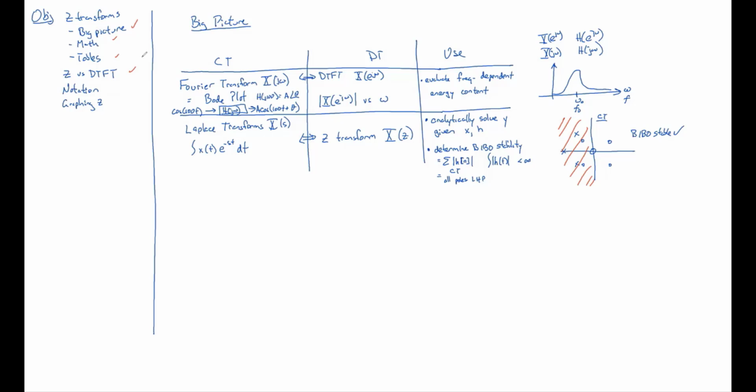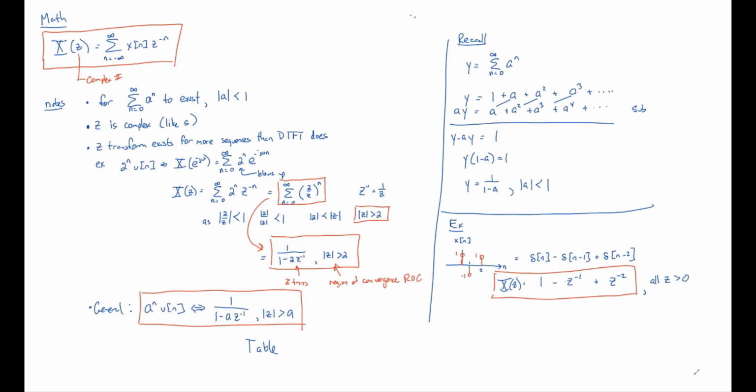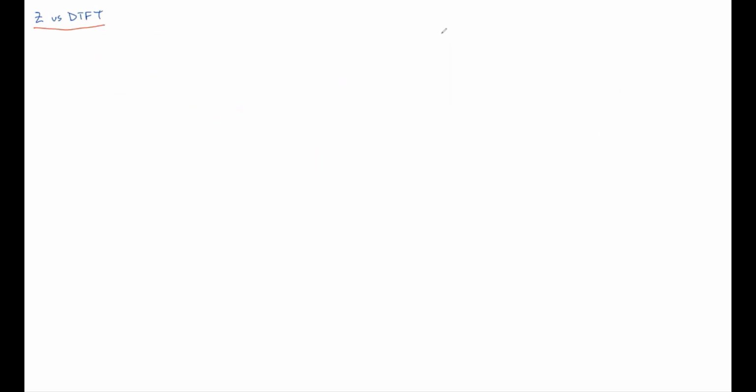Let's talk about the difference between a Z transform and the DTFT. Just going to write down what the definition is of X of Z because it's easy to forget.